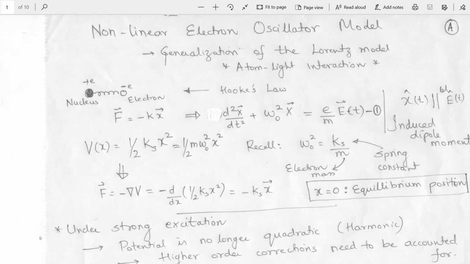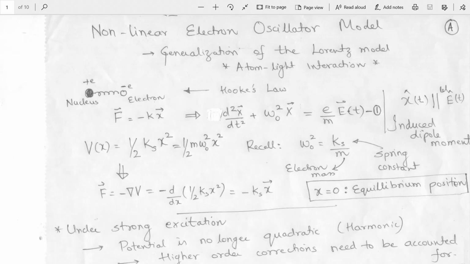So think of it this way. You have a nucleus, a positive charge, and an electron, and there is an equilibrium position where the electron would like to be. Once you drive this system with an external electromagnetic wave, it is the electric field that couples to the charges.